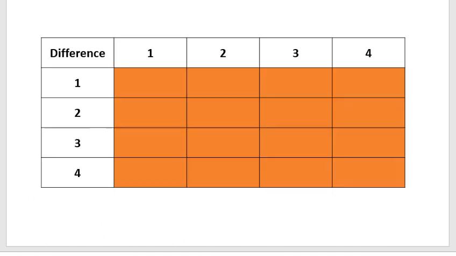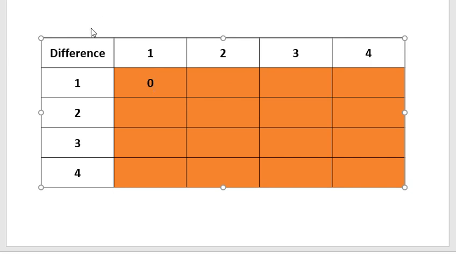However, we can also use one of these. So this is an organized list, and we're going to show all of our differences, assuming that this is cube 1 here. This would be cube 1. This would be cube 2. So if both of the cubes have a face showing of 1, the difference would be 0.